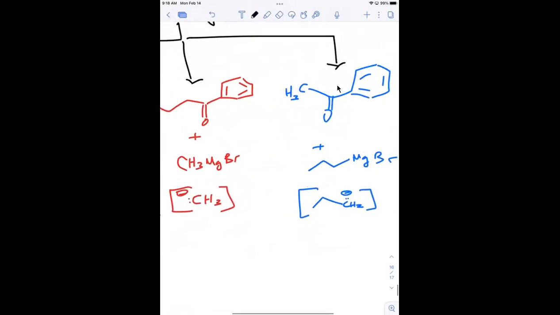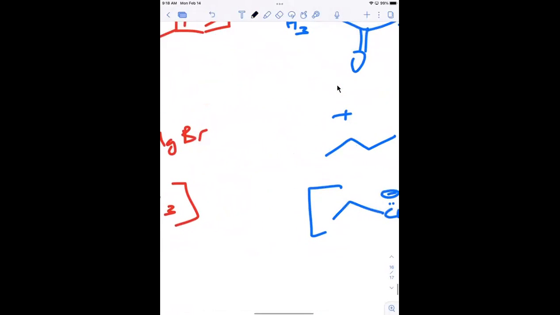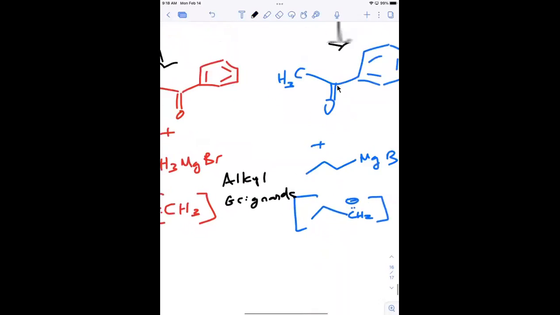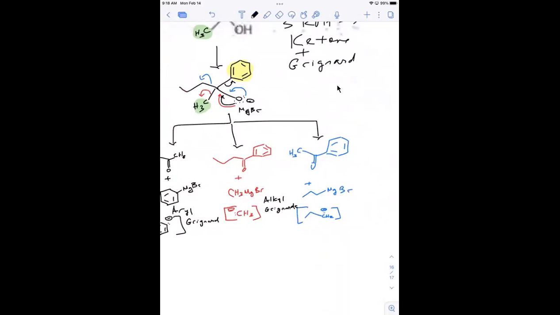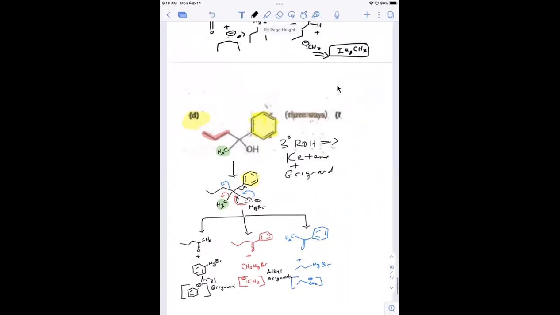And then the other 2 will both be alkyl. Right, alkyl because of what's bonded to the metal. Just simple alkyl groups. And the aryl Grignard is the same. There's an aromatic ring with a carbon in that ring bonded to magnesium, and so that's what we call an aryl Grignard.